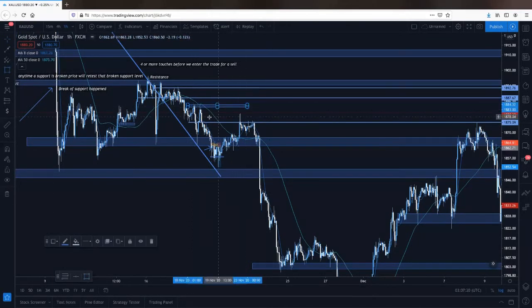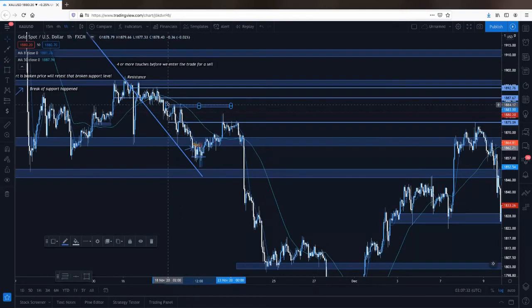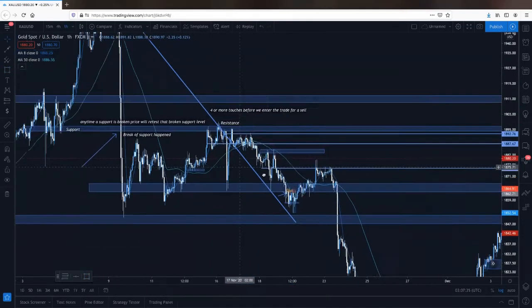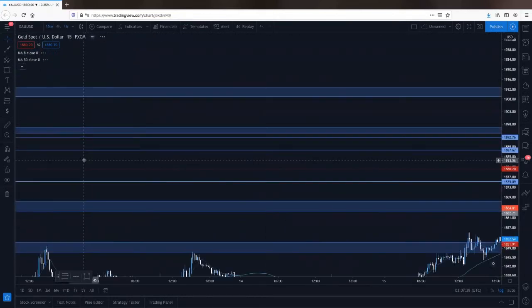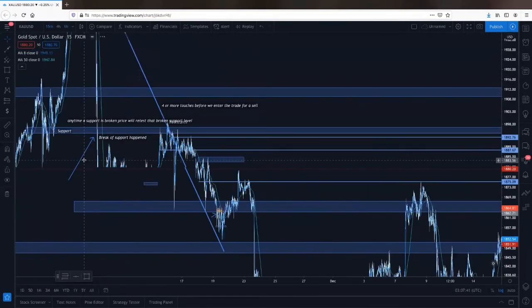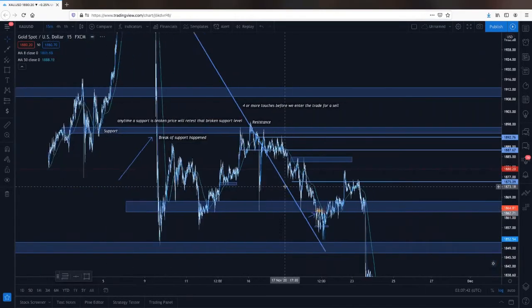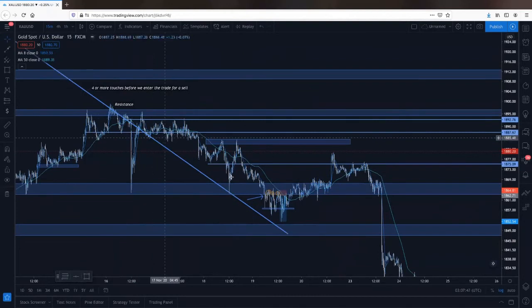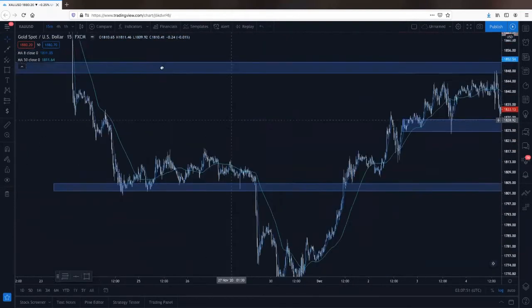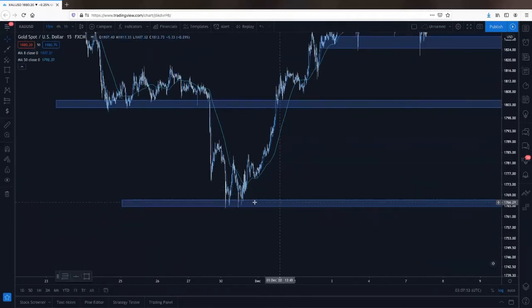Boom. And if you get double tops, listen, if price is in a downtrend, this is how you're able to scalp more moves. You can find double tops in a downtrend and take the sell. If price is in an uptrend, it hit a valid support.